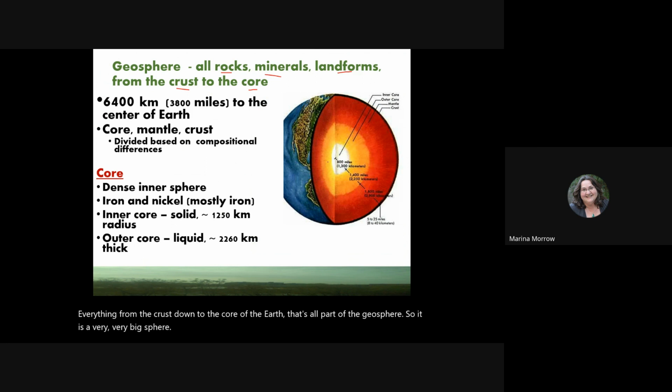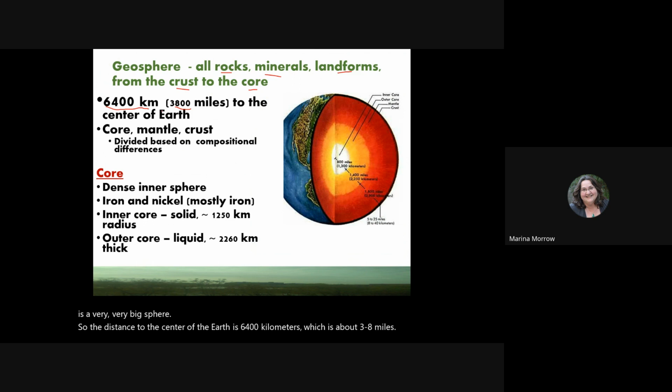So the distance to the center of the Earth is 6,400 kilometers, which is about 3,800 miles. And it's divided into roughly three parts: the core, the mantle, the crust. So starting at the center, the core has two parts.